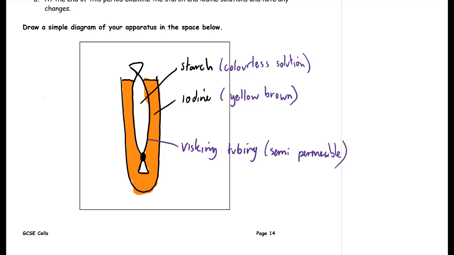So you set this up and you leave it for 10 minutes and you see if there are any changes that take place. Now when you leave it for 10 minutes, this happens. The iodine changes to blue-black. Now, why did this happen?